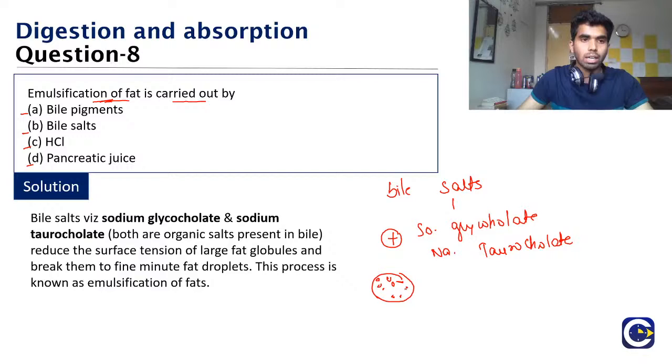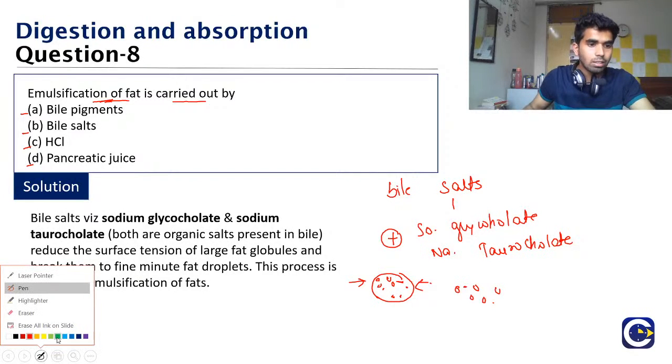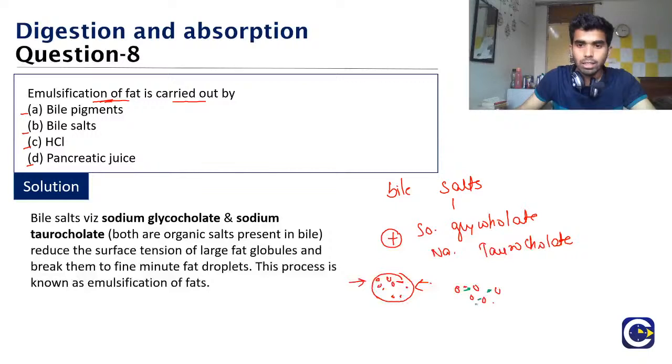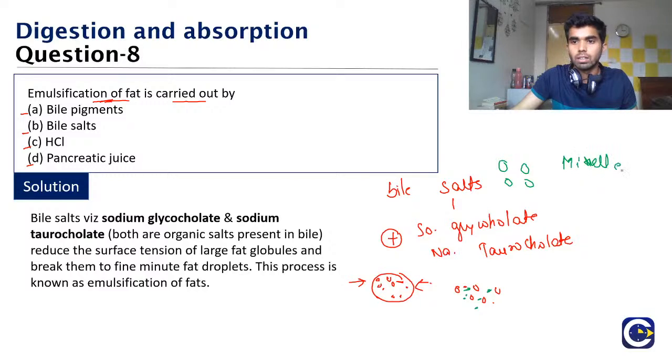So what our body does is that it releases the bile salts into the intestine, and then this is shaken by the peristaltic movement, and after shaking, they form tiny globules. In between them bile salts enter, and that is why they do not remain aggregated, and small structures are formed, known as micelles.